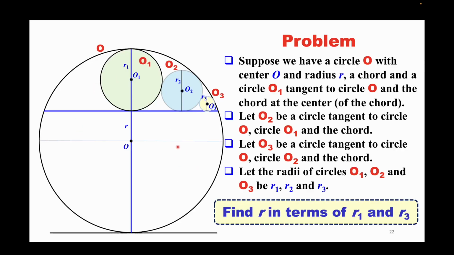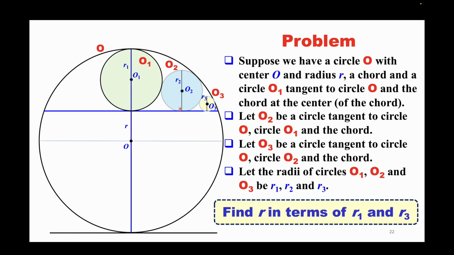We have a big circle O with center O and radius R. And we have a chord. A circle O1 with center O1 and radius R1 is tangent to the big circle O at its north pole and the chord at the center point.